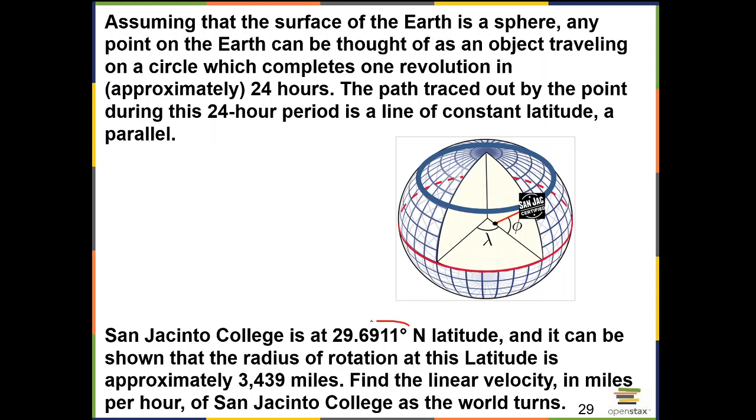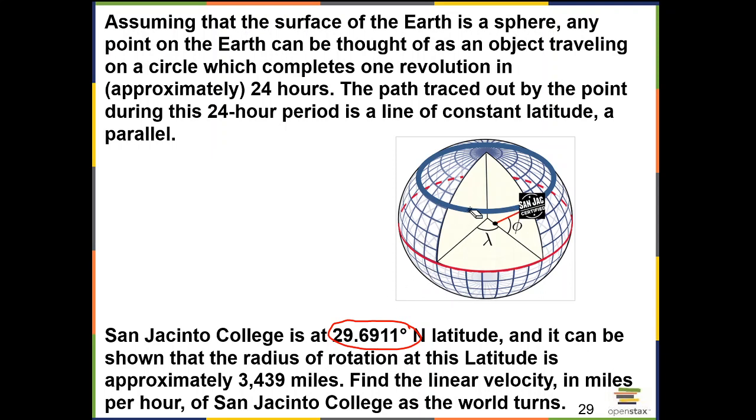I just converted it here to decimal. So that is the angle that it makes here, that angle right there. So not that angle, but from the north. So it is right, 29, about 30 degrees north, right?